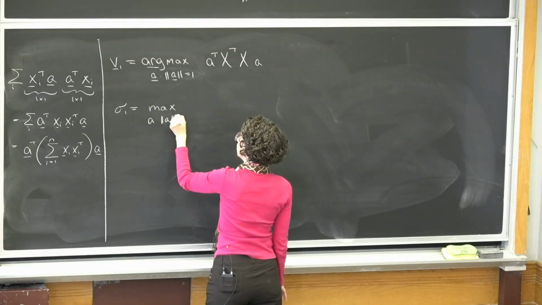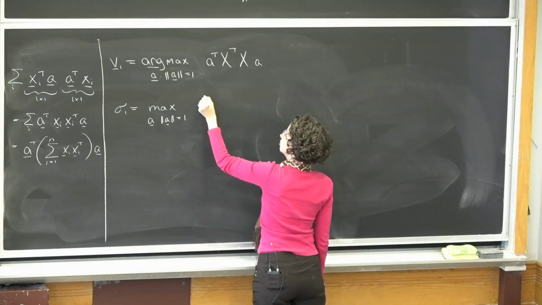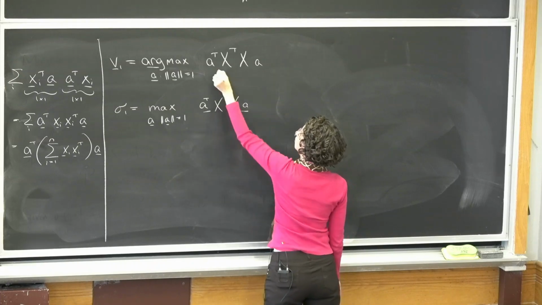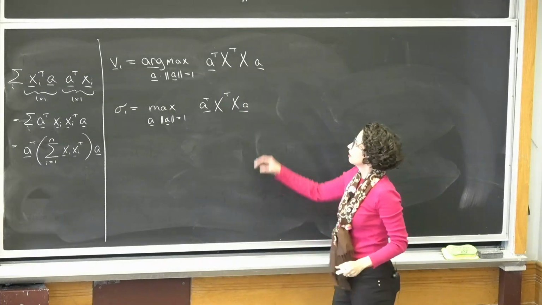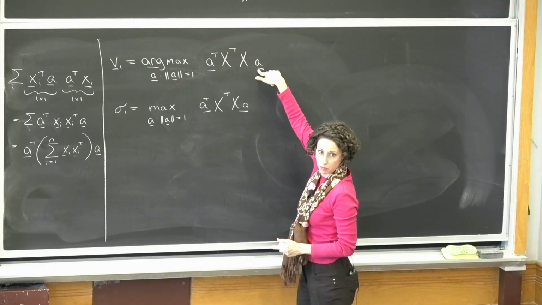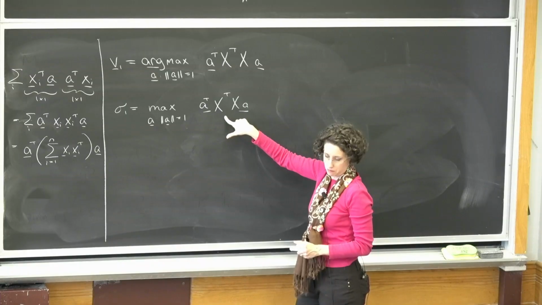So we've got the same optimization objective function, A transpose X transpose X A. But here, v1 is finding whatever vector achieves the maximum, and sigma 1 is the maximum value.